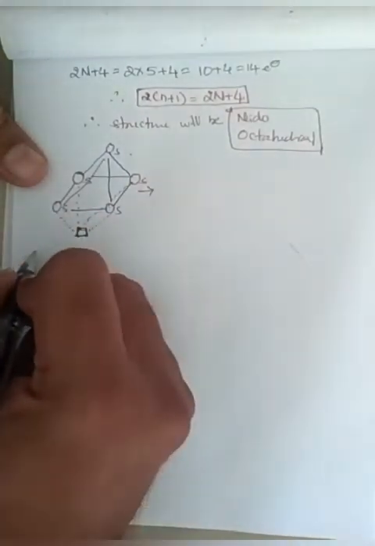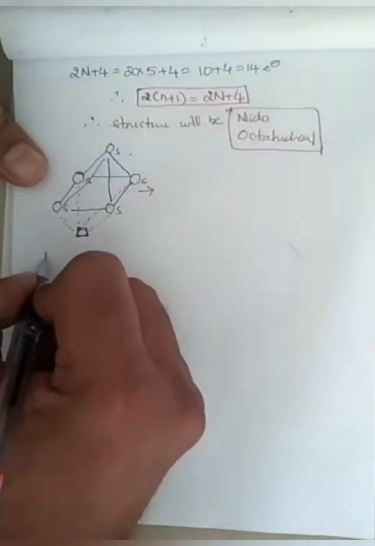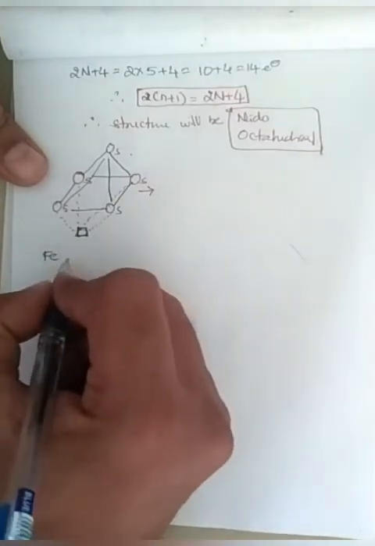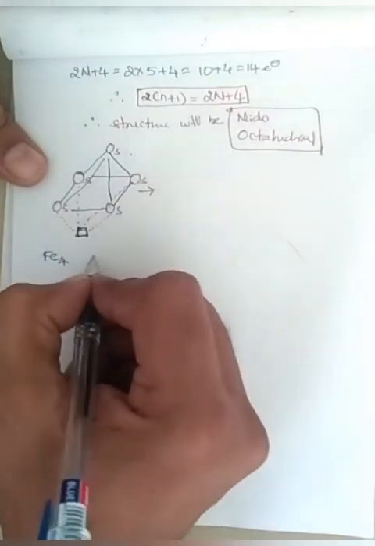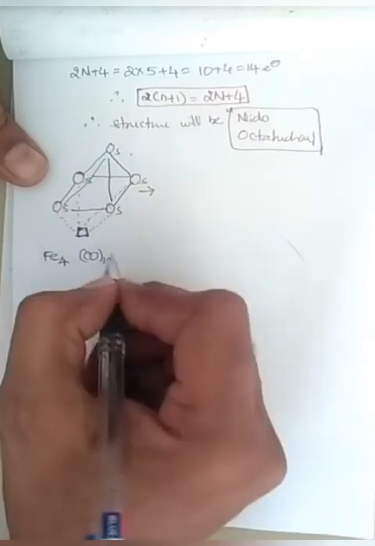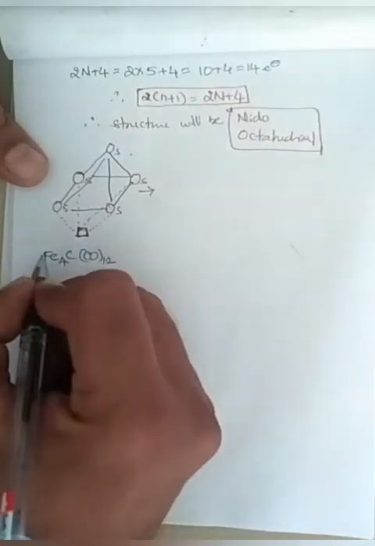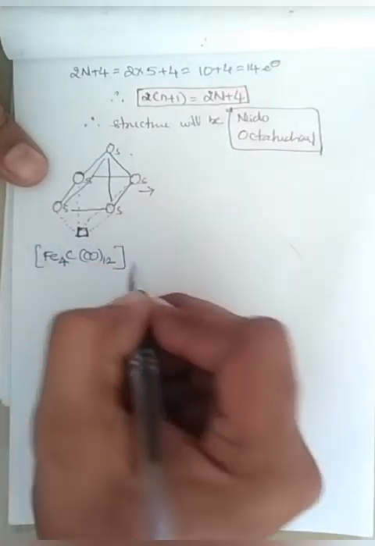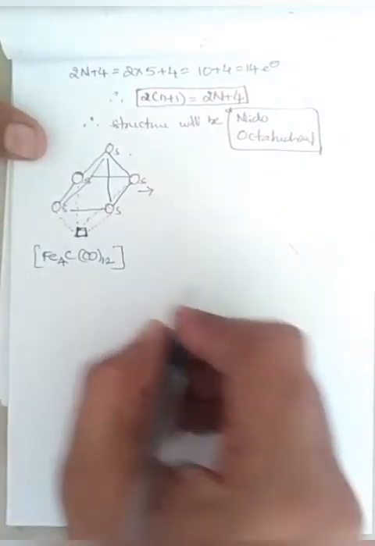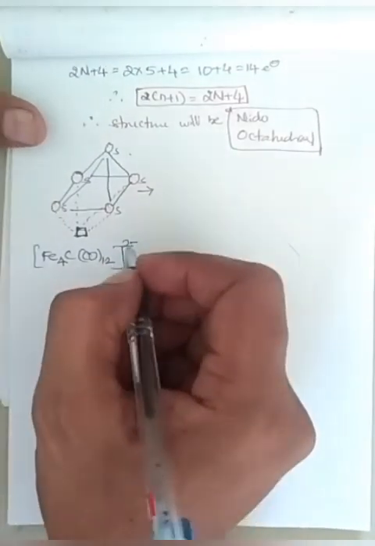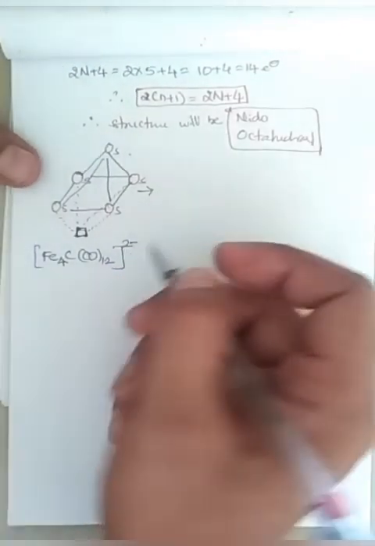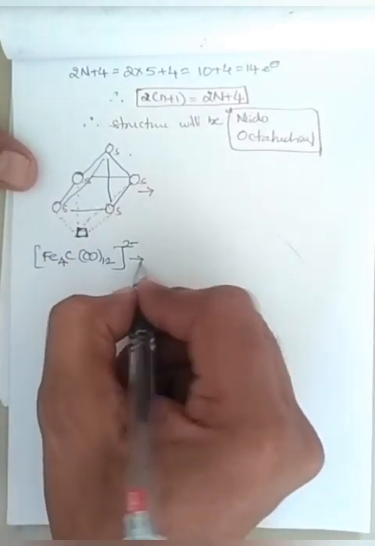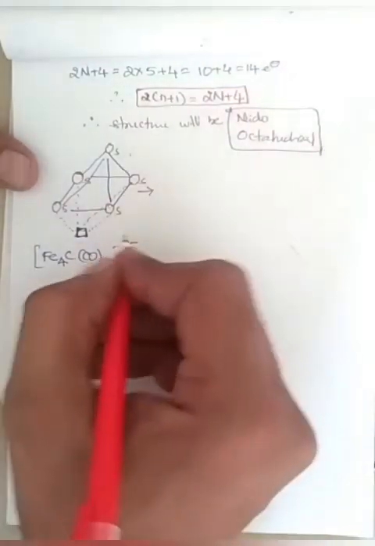Right, I am giving you the examples. Note this: dodecacarbonyl tetrairon cluster, with a charge of -2.